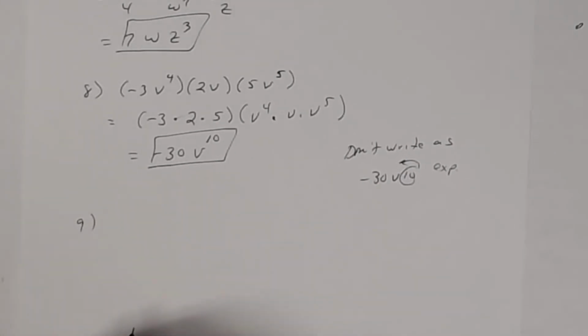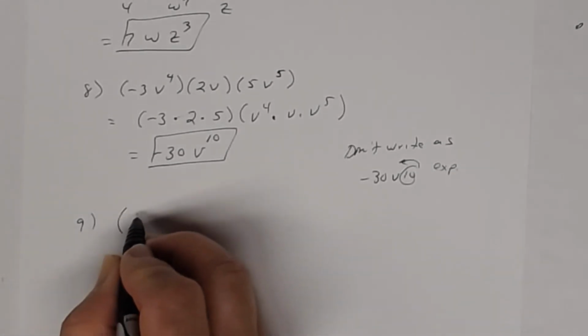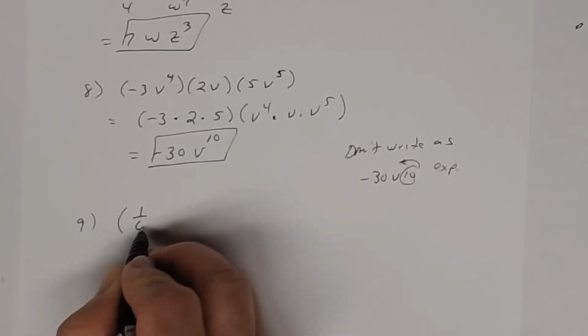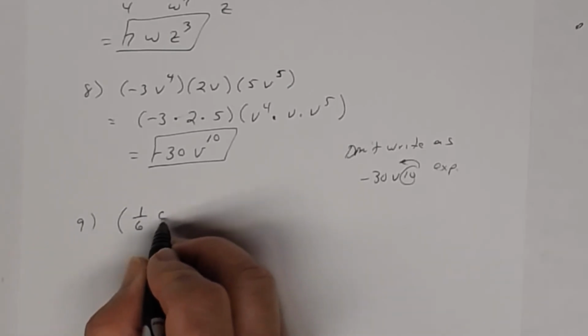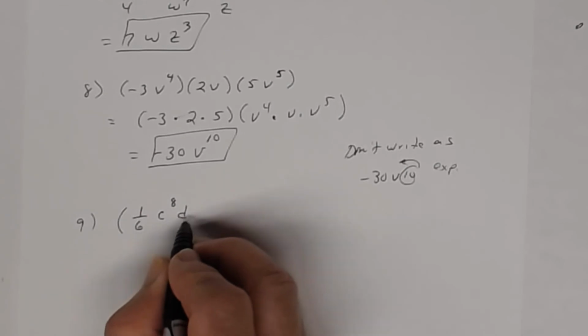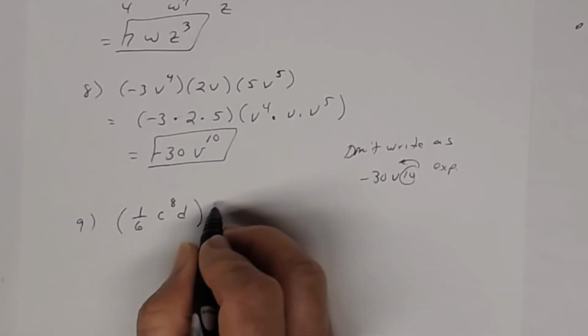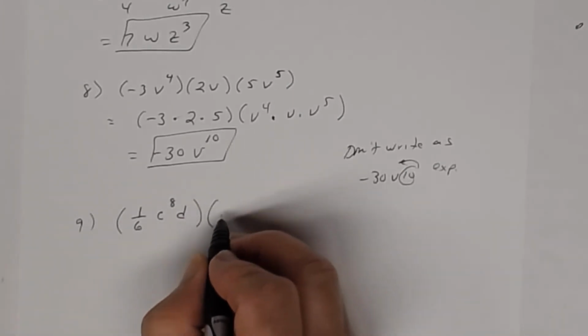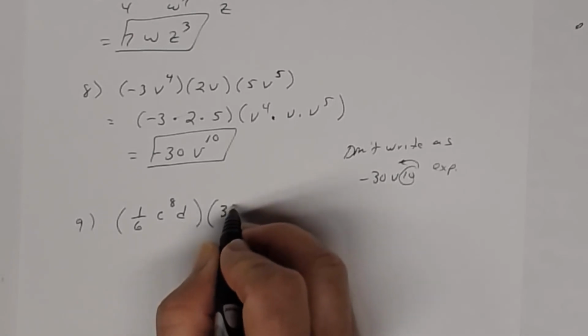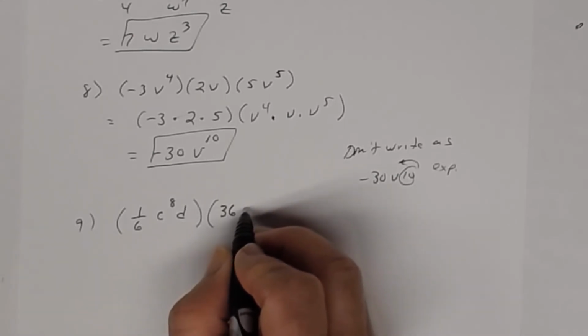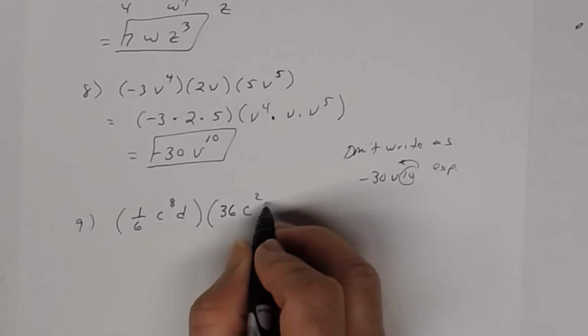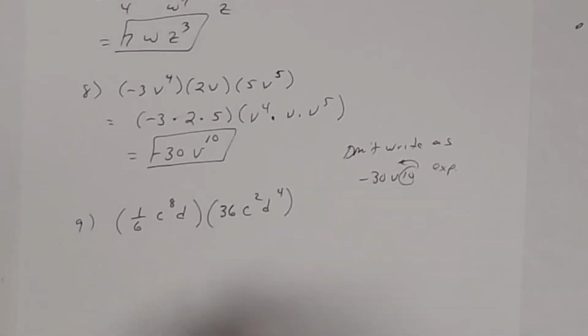Number 9, let's suppose you had this one for number 9. We had 1/6 times c to the 8th power times d, and then that's being multiplied by let's say 36 c squared d to the 4th.